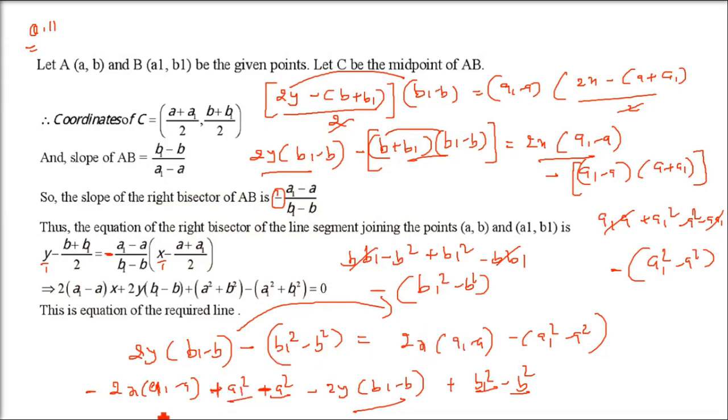Now multiply by negative on both sides, means multiply everything with minus 1. You get 2x (a1 minus a), then minus 2y becomes plus 2y (b1 minus b), and then you have a1 square plus b1 square, taking the minus common, and since a square, b square become positive, all signs change because of the negative slope. So what do you get?